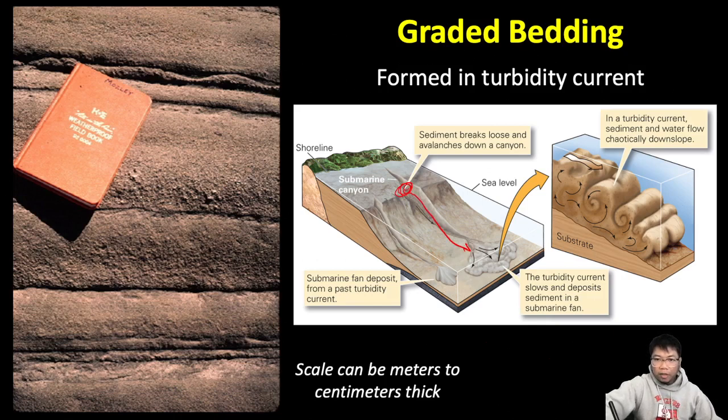You create a turbulence like this, and eventually the coarser grains deposit first at the bottom, followed by finer and finer grains, and the finest sediment will be sitting on top of everything.